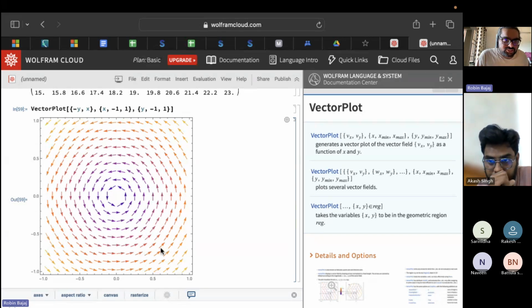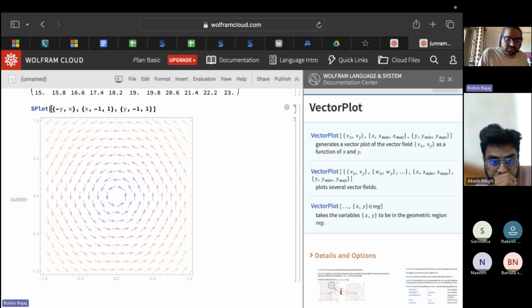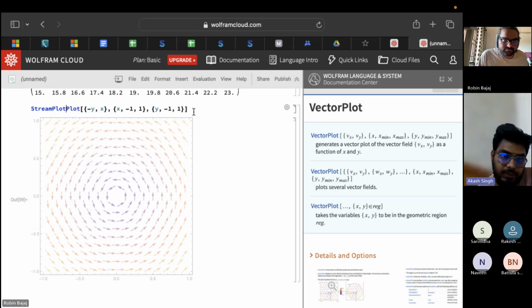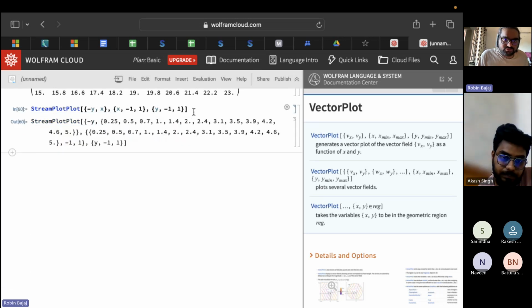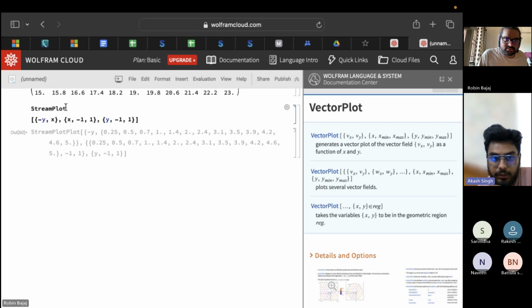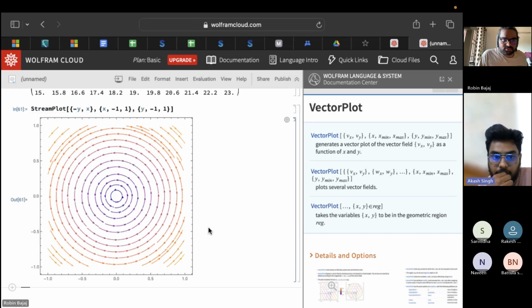Let me change it to something called stream plot. Did you get a chance to look at this? Yes, sir. What does it do? Basically the same kind of plot, except where there lies a singularity or undefined value, there also it puts a line.